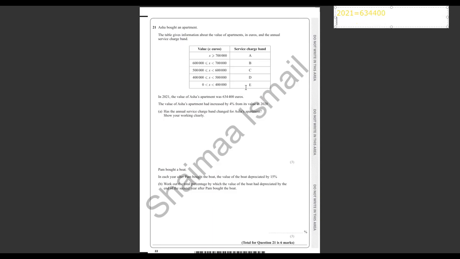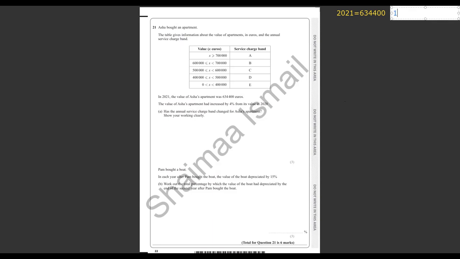And here he gave you the value increased by 4%. So, as he said, increased by. Directly write the increasing part as you analyze your question. You are safe from confusion, okay?